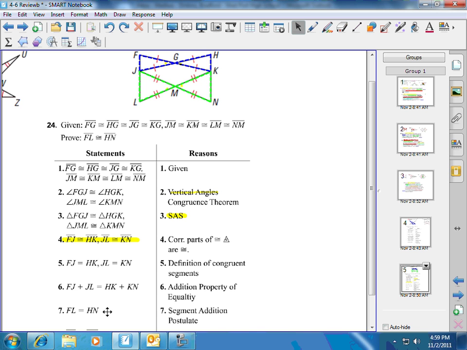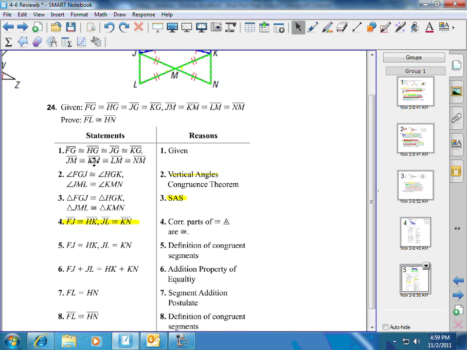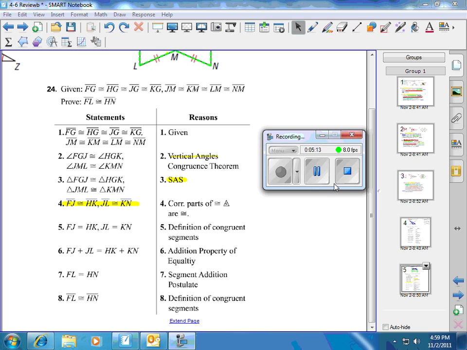Anyways, we're at the point where we're saying FL is equal to HN, and that's where we want to get. The technicality is that if the segment lengths are equal, then the segments are congruent. So by definition of congruent segments, we can say that segment FL is congruent to segment HN. I hope that made sense.